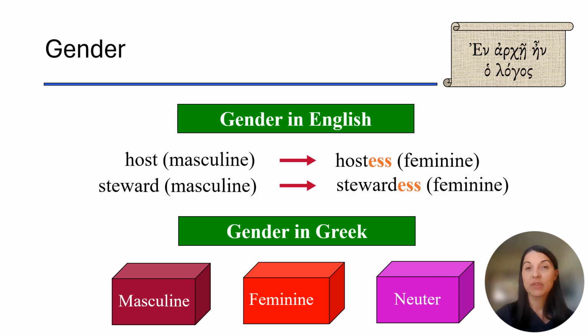However, sometimes some of our words will change depending on if they're speaking about a male person or a female person. So for example, the word host becomes hostess, steward becomes stewardess, actor becomes actress. So you can see how sometimes those changes are made. But in Greek, this happens for every single noun, has either a masculine, feminine, or neuter gender.